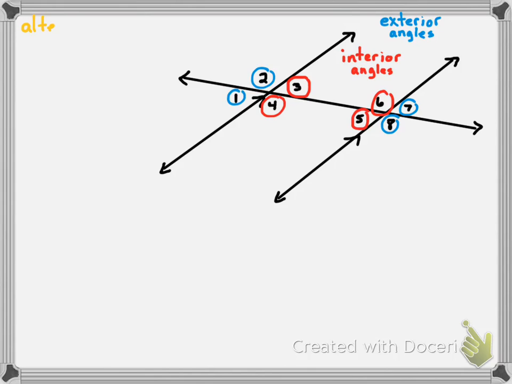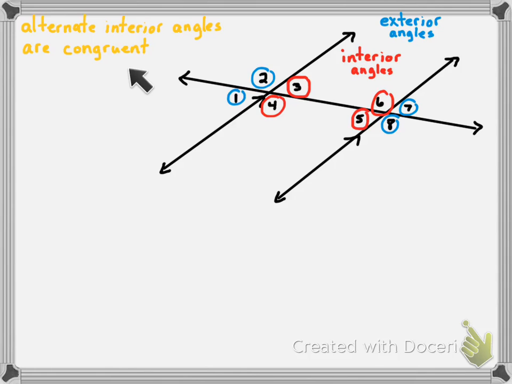Alright, now here's a couple more definitions. The first one is alternate interior angles. Now this says that alternate interior angles are congruent.